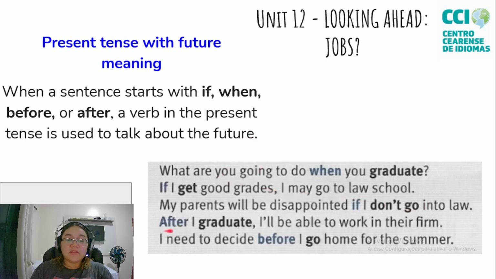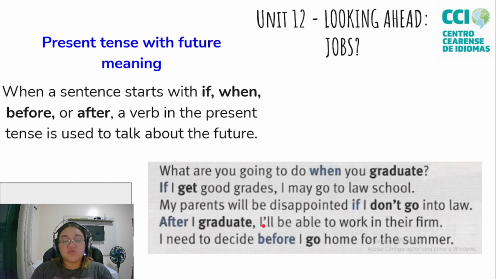Now, the other example we have, after I graduate, is the same thing as the first one here. After I graduate, I will be able to work in their firm. So here, the second part of the phrase, I'll be able to work in their firm, is still in the future. But the first part of the sentence is in the present because we have the time clause after.